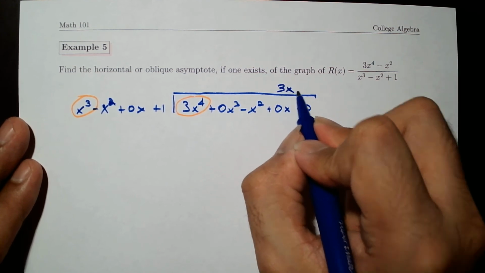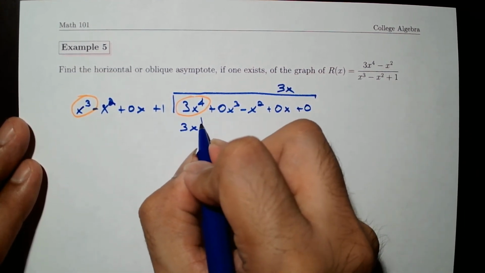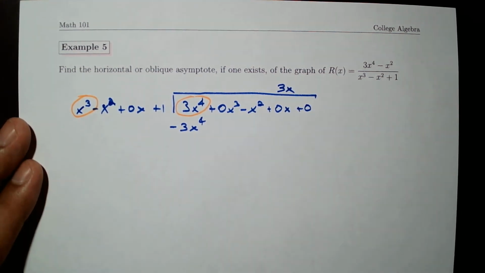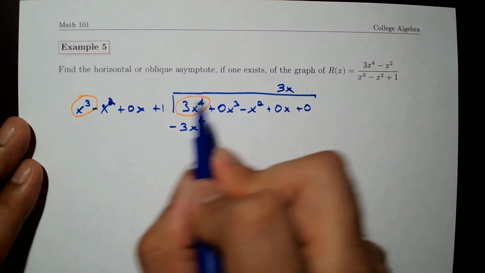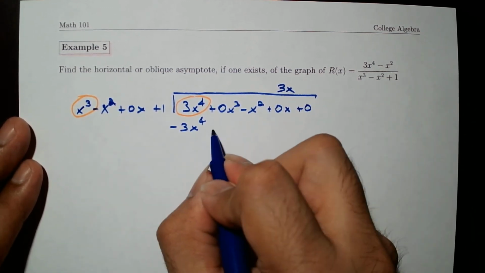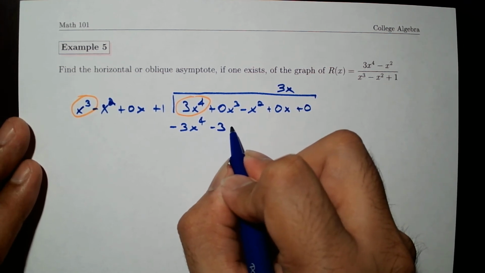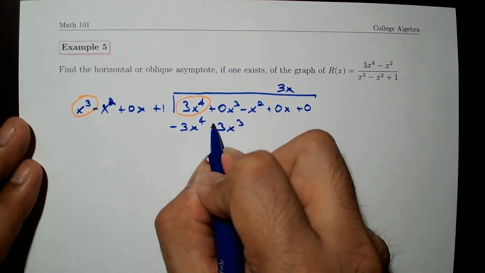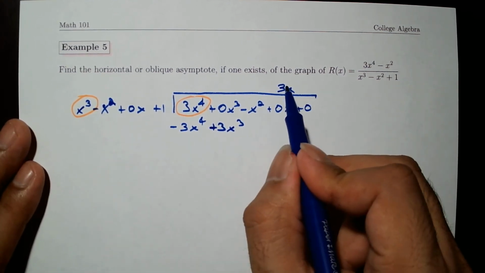I'm going to multiply 3x times x cubed. That's going to give me 3x to the 4. Remember to change the sign. Two positives is positive, changes to negative, and then 3x times the negative x squared. That's going to give me negative 3x cubed. But again, that's going to be changed to positive because negative times a positive is negative.